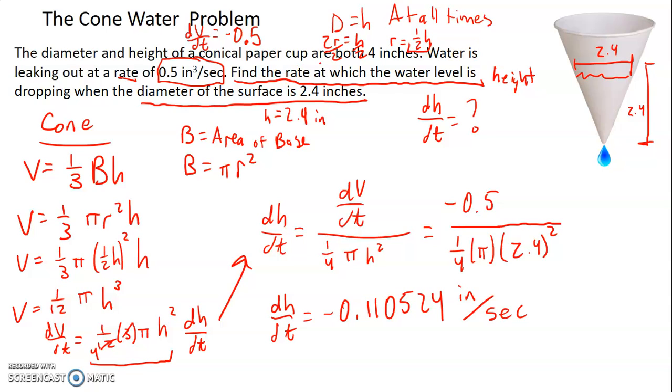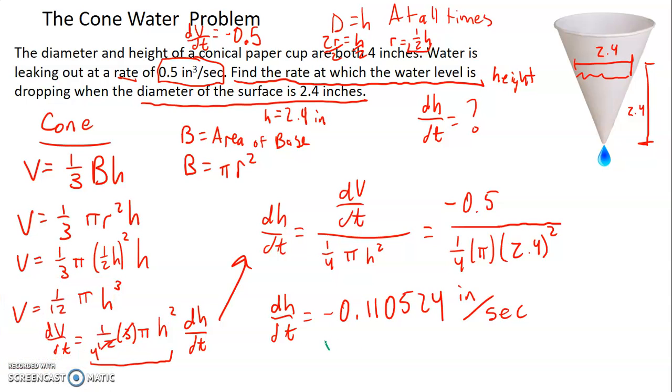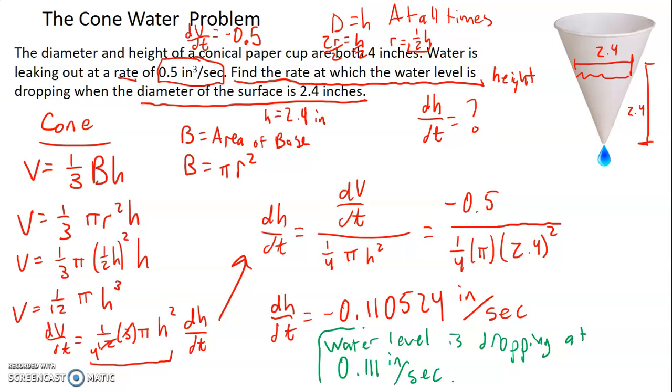Now, the problem asked for the rate at which the water level is dropping. The way that I would write my answer if this was the AP exam is I would say the water level is dropping at 0.111 inches per second. You would probably get it right if you said it was dropping at negative 0.111 inches per second, or if you said the rate of change is negative 0.111.